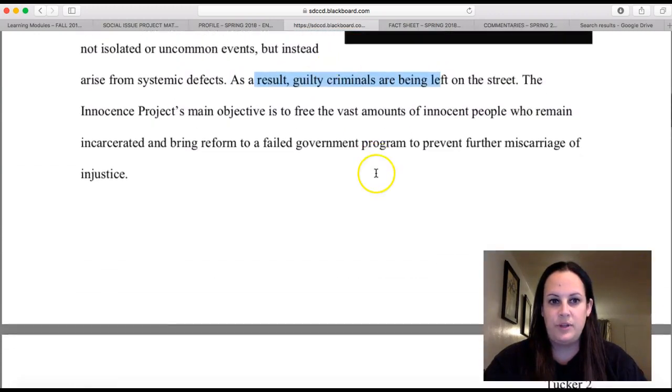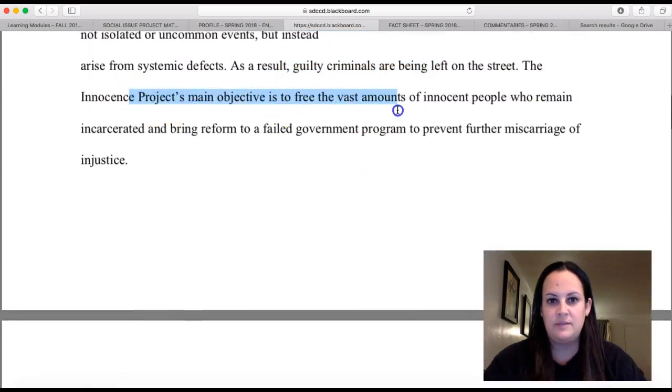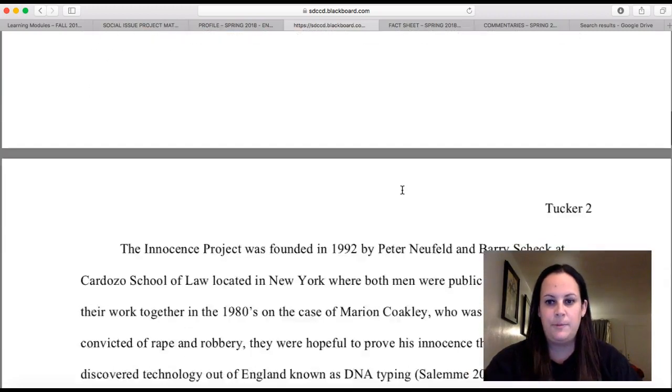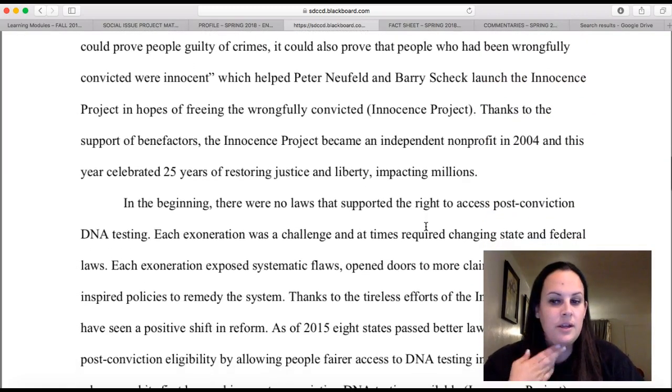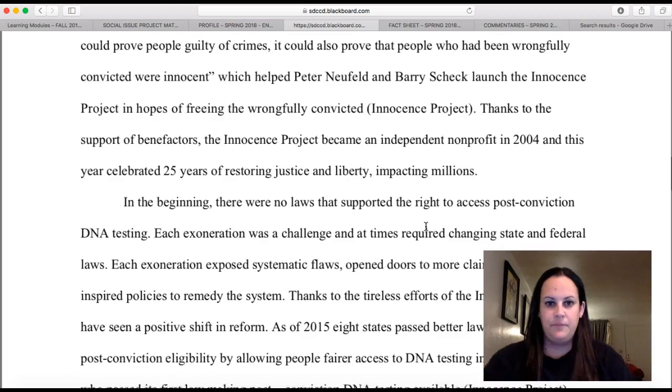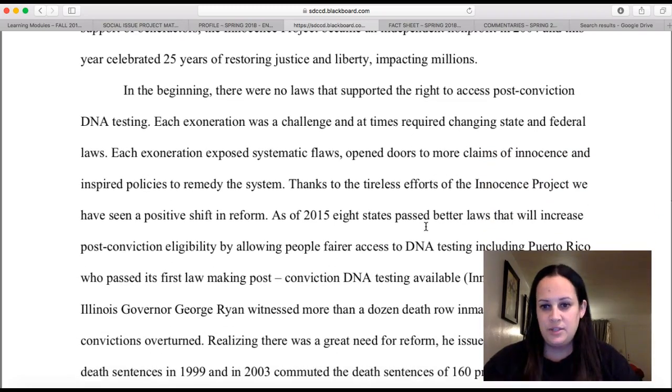This is a different point that she makes. The Innocence Project's main objective is to free the vast amounts of innocent people. And here she's talking about how the organization was founded, right? She is not arguing, she's not ever saying in here, I am against the death penalty, right? But the organization she chose obviously points to her stance, but she is not arguing it.